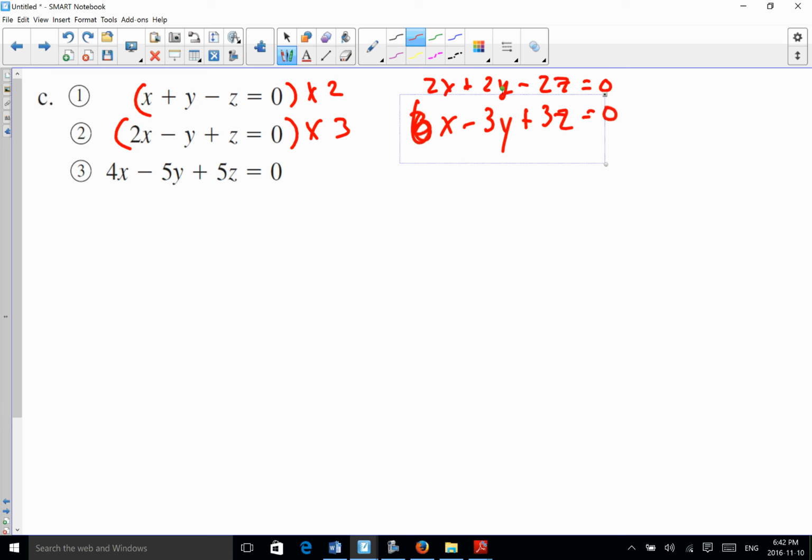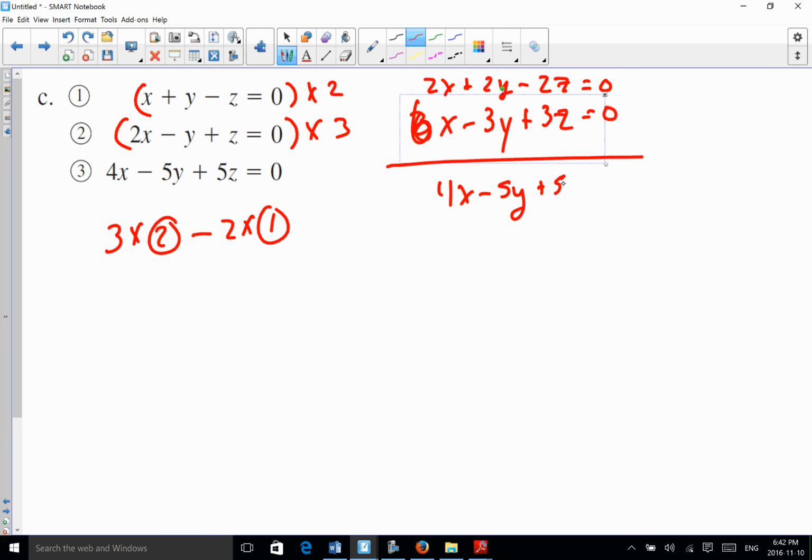And then you subtract, so 3 times number 2 minus 2 times number 1. You end up with 4x's, negative 5y's, and 5z's. That equals number 3.